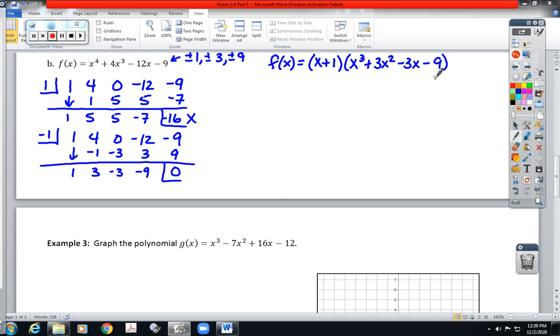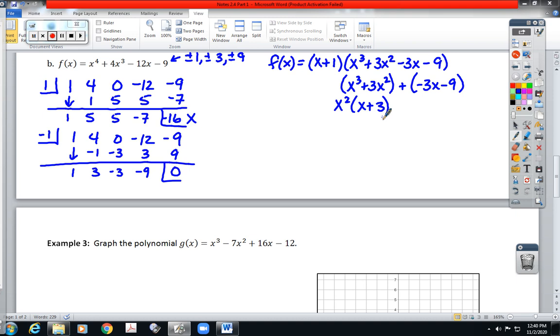Okay, if we take that polynomial x cubed plus 3x squared and we group the first 2 terms and the second 2 terms, we can factor a GCF out of the first 2 and out of the second 2. The first 2, we can factor out x squared, leaving x plus 3.